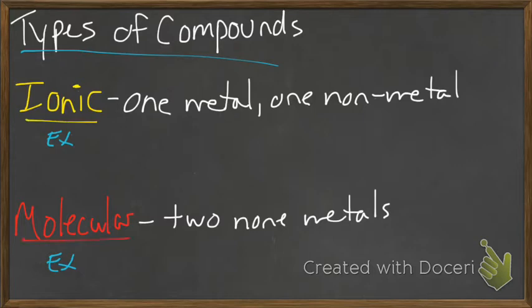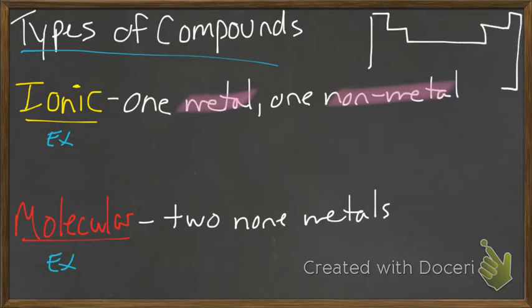So two very, very, very important words to know: ionic and molecular. An ionic compound always consists of one metal and one nonmetal. So again, if you're looking at your periodic table, I'll do that quick drawing of what it kind of looks like. Might not look like this at all, actually, but whatever.